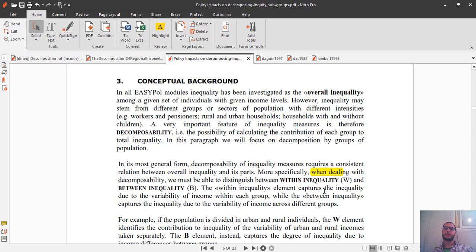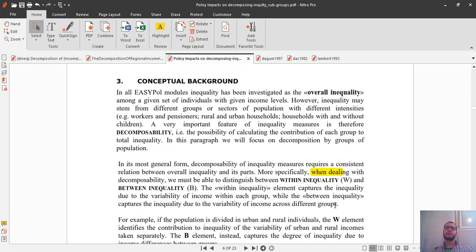For example, we took the example of the Europe region. If we want to calculate the Gini decomposition, we will need the data of each country, and we can do this type of decomposition.